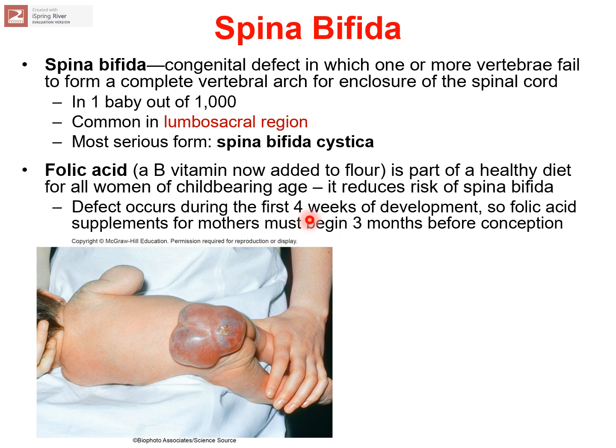The defect usually occurs within the first 4 weeks of development. So folic acid supplements should be taken before conception, so the mother has enough folic acid for the developing fetus, because this condition starts developing very early in development.